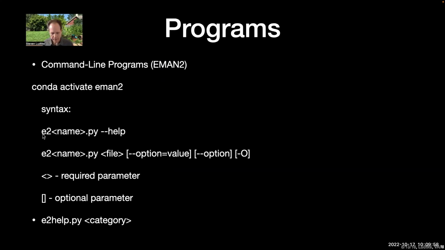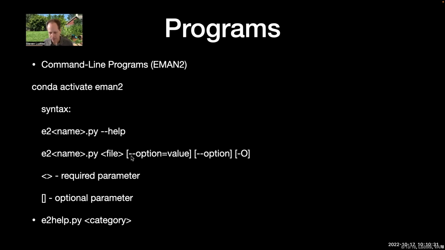All of the programs in EMAN2 start with e2, followed by the name of what the program does, and end in .py. Any program in EMAN2 you can call with --help, and it should give you a list of all the options and usually a little summary of what the program does and how. It uses standard Unix command line conventions, starting with the name of the program. If you see things in greater than, less than signs, these are required command line parameters.